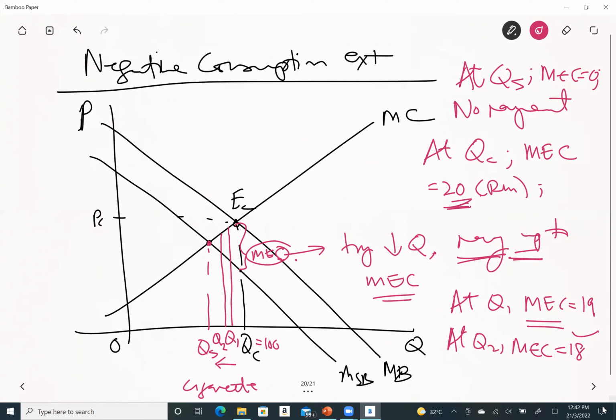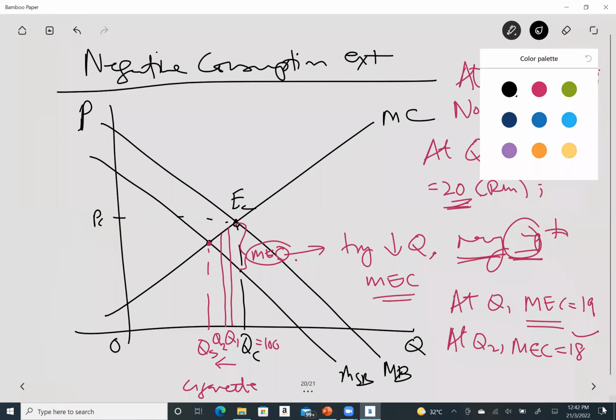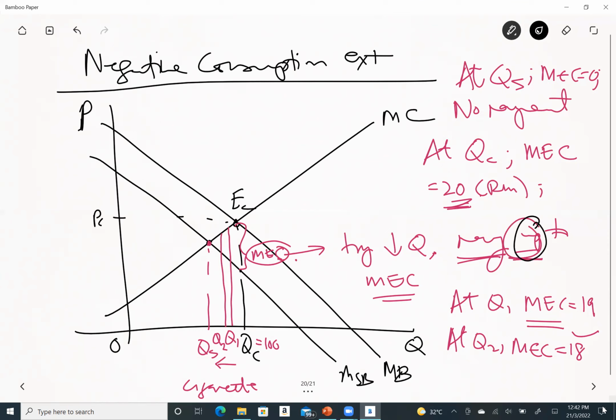So how again? You are willing to pay up to the MEC in order for him to reduce the quantity of consumption, and he will do that. He will take it until you reach the point where MEC is equal to zero. There will be no more payment. So that is the social equilibrium.